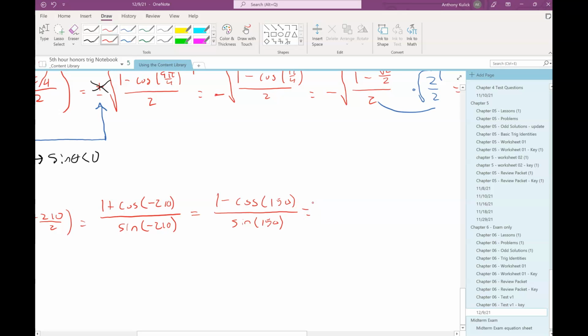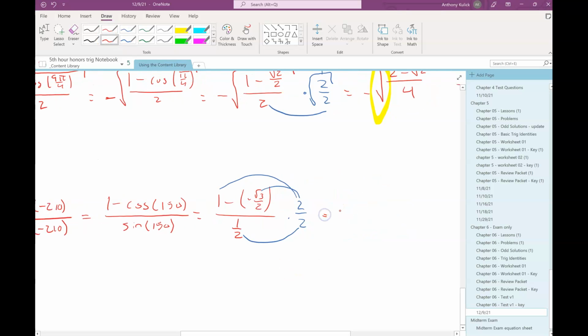If I go to my unit circle, cosine of 150 is negative root 3 over 2. Sine is positive 1/2. Multiply the top and bottom by 2. And I'm left with 2 plus root 3 over 1. I'm not going to bother with the 1.